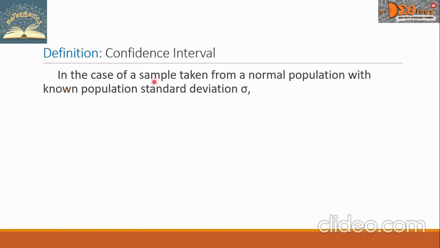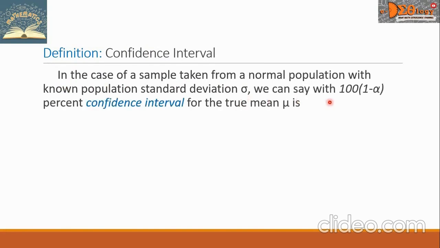In the case of a sample taken from a normal population with known population standard deviation sigma, we can say with 100 times 1 minus alpha % confidence interval for the true mean mu is, this is the interval.